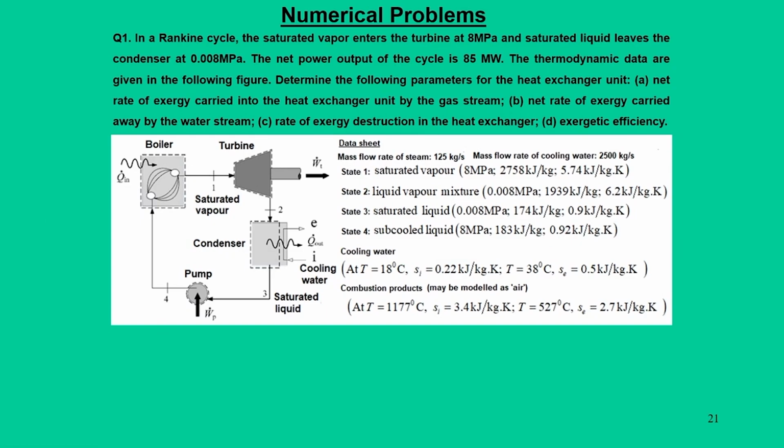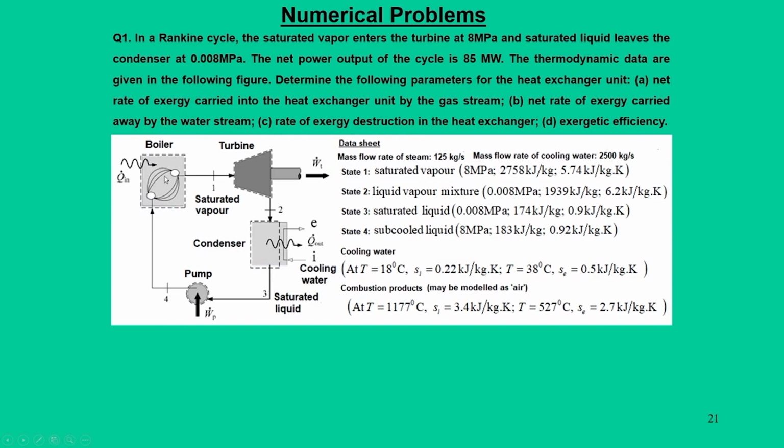Now, we will try to solve a numerical problem based on our discussions for a vapor power system. For the first problem, I have taken a schematic figure in which I have prepared a data sheet.